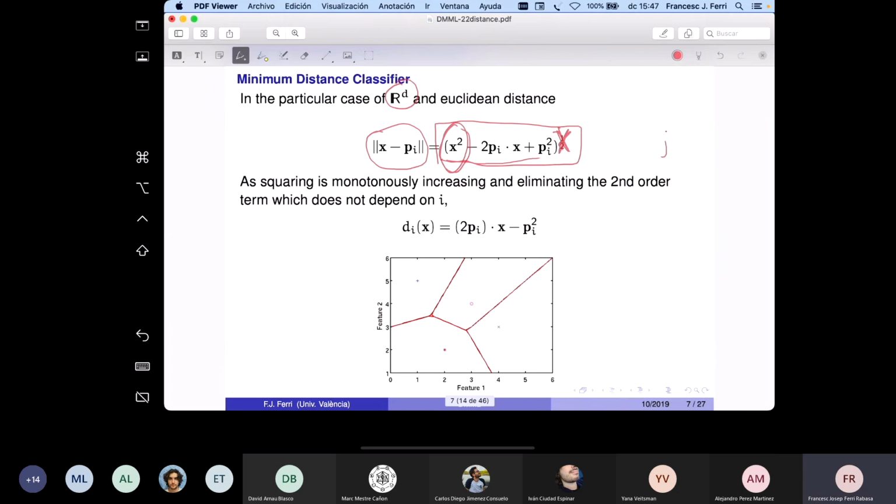As it does not depend on i, we can cancel this out at both sides. You see? What do we have left? We have left this. If we change the sign of this, we have a discriminant function. Now we will compute the maximum because we have changed the sign here. Is it okay?